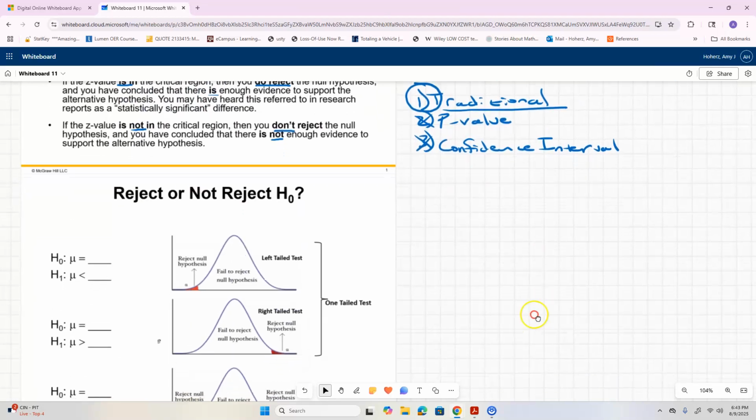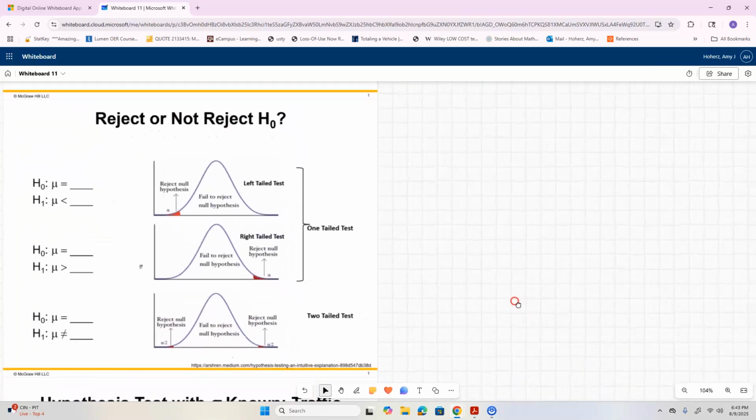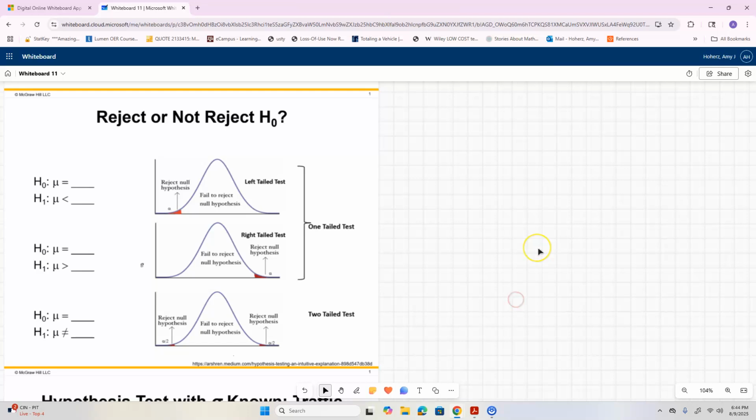All right, just a little diagram, little images here to help us understand the reject or the not reject. So if you remember from section 1, if we had this type of statement, and this number could be anything, let's say the null hypothesis is that mu is 50, and then our alternative hypothesis is that mu is less than 50.